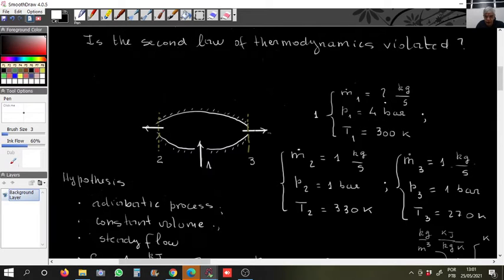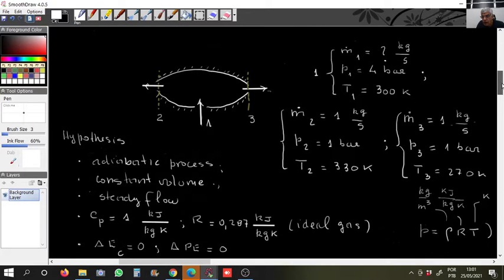Section 3 is still 1 kilogram per second, the pressure at 3 is 1 bar, and the temperature T3 is 270 Kelvin.